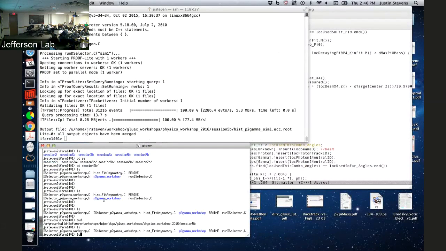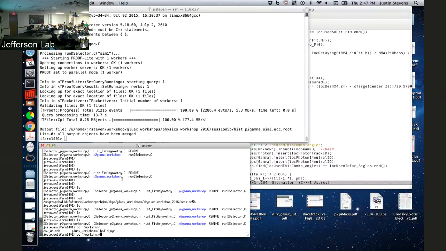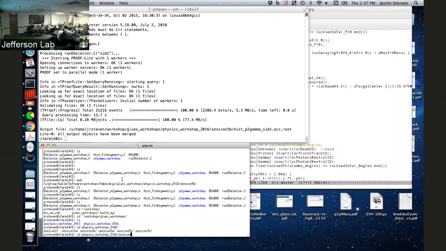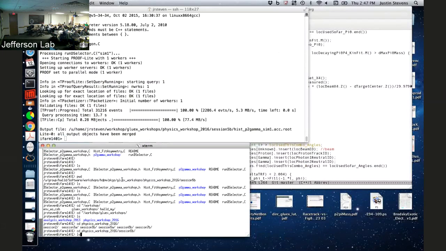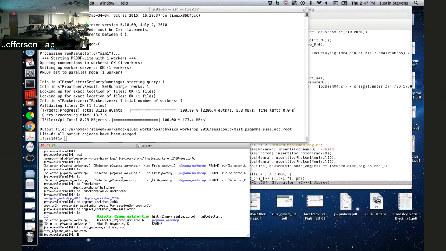All right, so once one of the samples finishes, if you run this sim1 sample first, you should have a file called hist p2 gamma sim1 accepted.root.